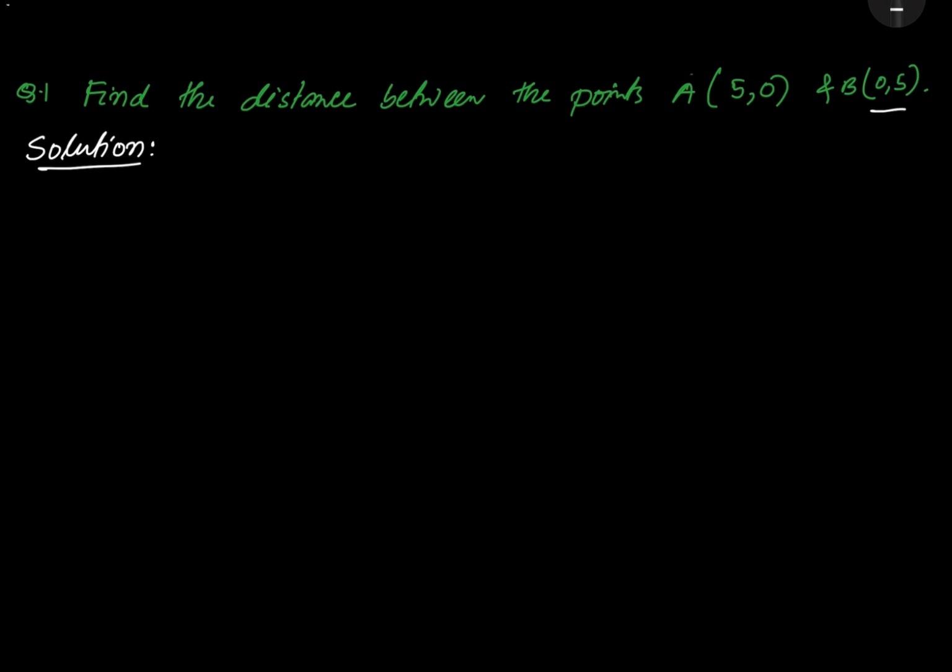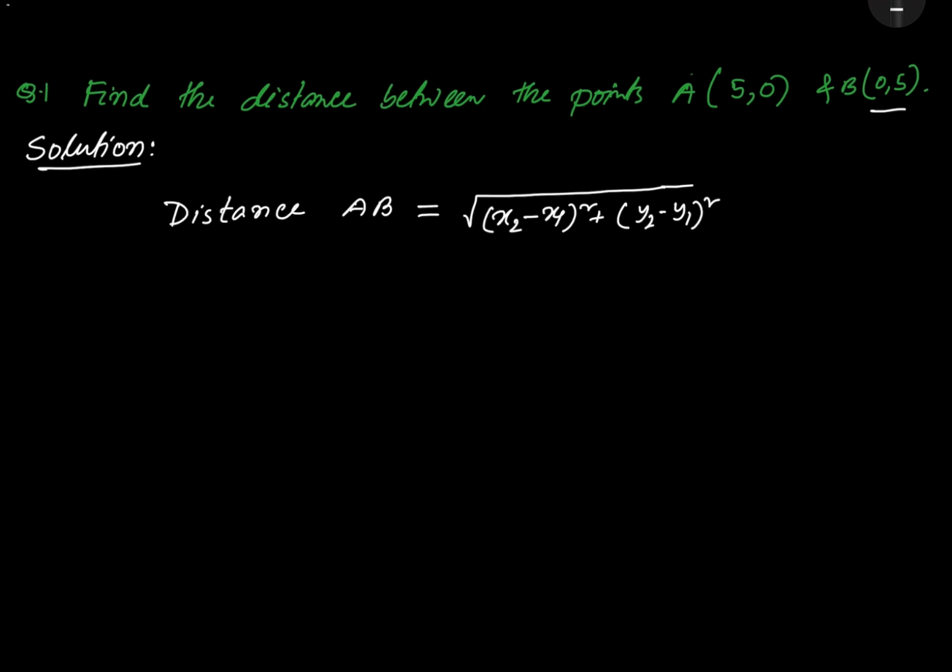Then what will be the distance between A and B? So we can write distance AB equals to, first write the formula, x2 minus x1 whole square plus y2 minus y1 whole square. So I can take, this is x1, this is y1, here this is x2, this is y2.